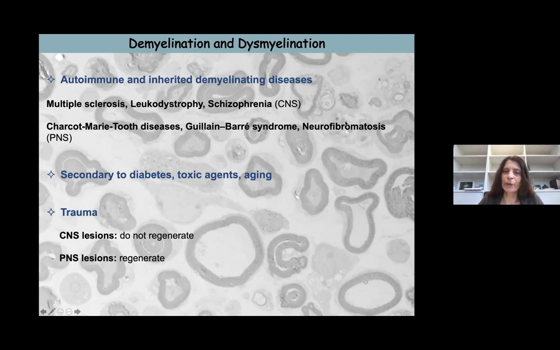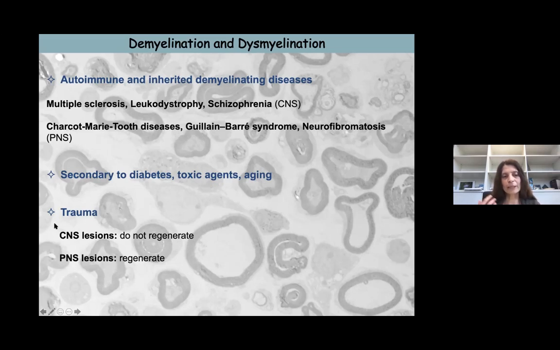Neurofibromatosis is a tumor formation that can lead to demyelination. Demyelination can also be secondary to diabetes or toxic agents. During aging, there's always some demyelination, more or less, depending on the individual. And of course, demyelination occurs after trauma.